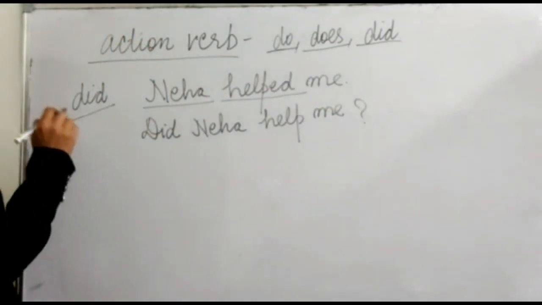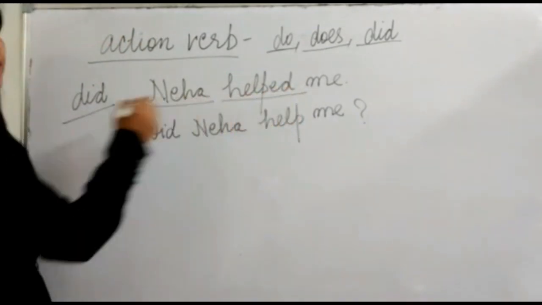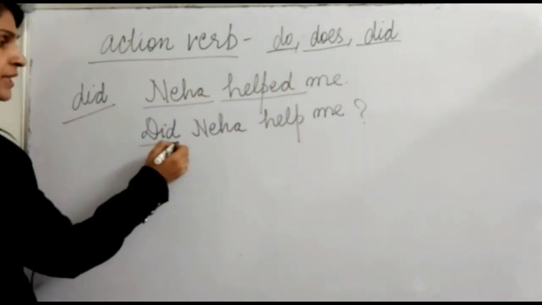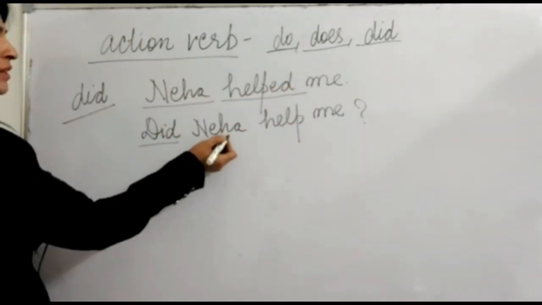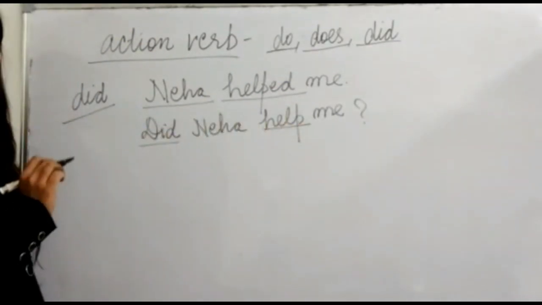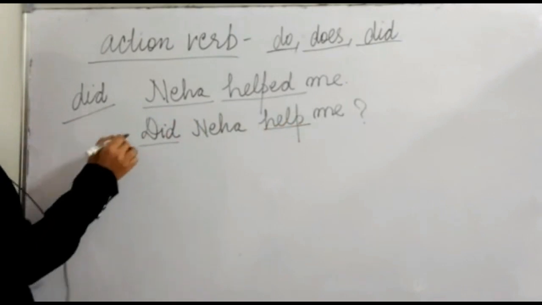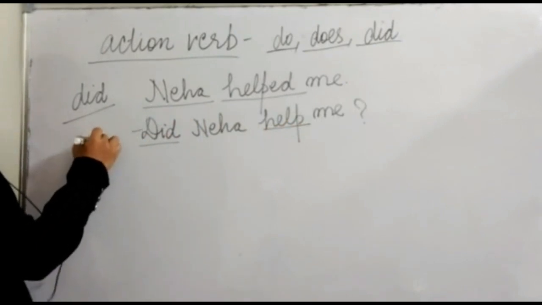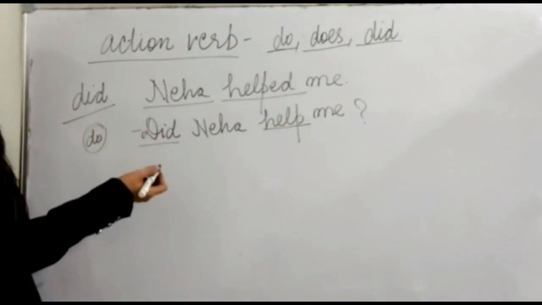We see here when the verb is in past, the question starts with did. Immediately after that we have the subject and then we have the present verb. We don't have to use the past verb here. Did is the past of do and we have already used it.